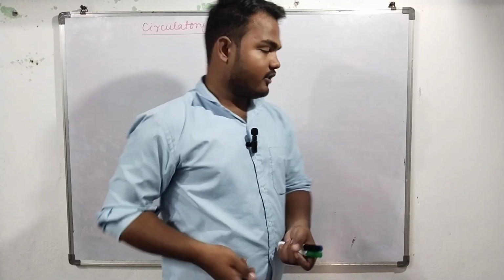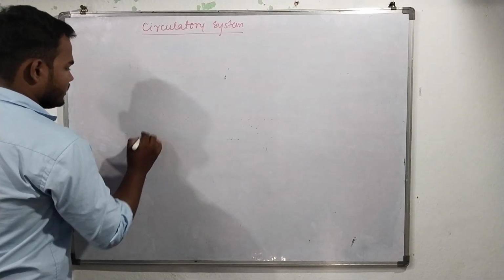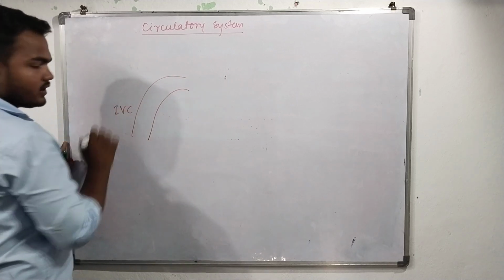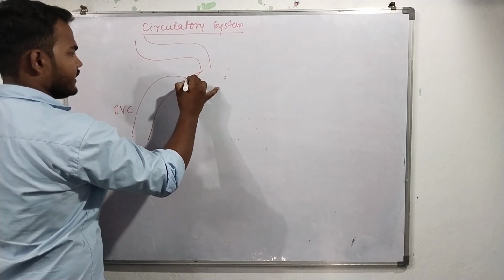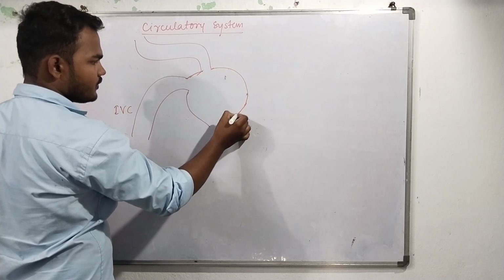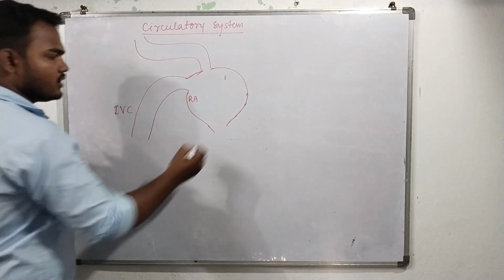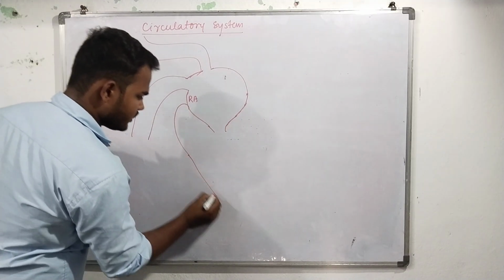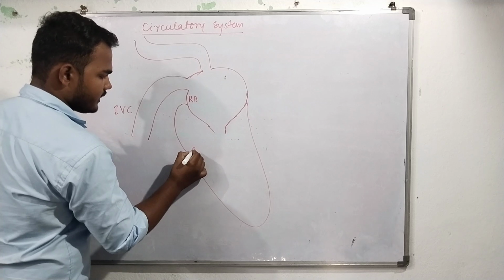First, let's suppose the blood which is coming from the inferior vena cava and superior vena cava drains into the first chamber of the heart, that is right atrium, and from right atrium the blood enters the right ventricle.